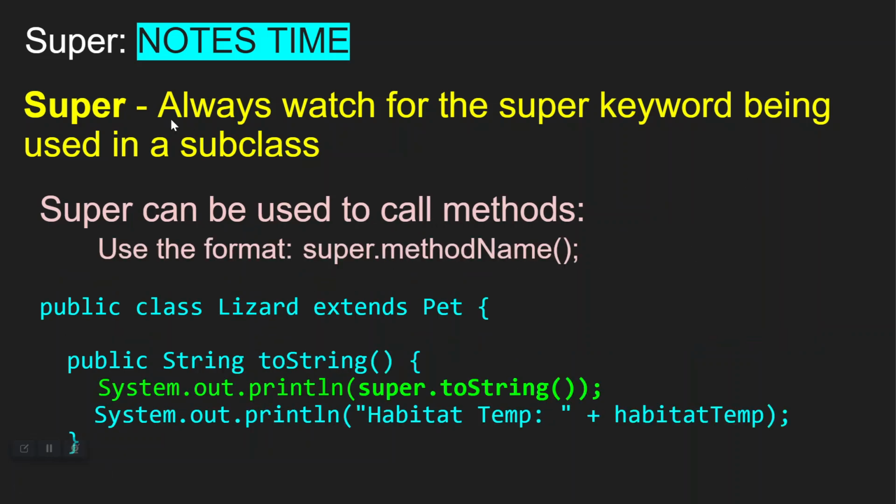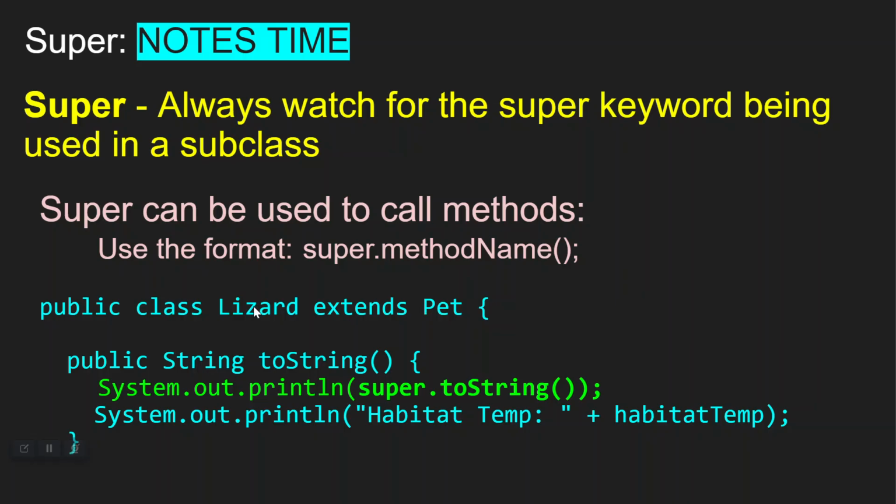You also want to watch out if super is being used in a method call, because even if you're overriding a method, you do have the option to call a method from a superclass using the format super dot and then the name of the method with the parentheses.